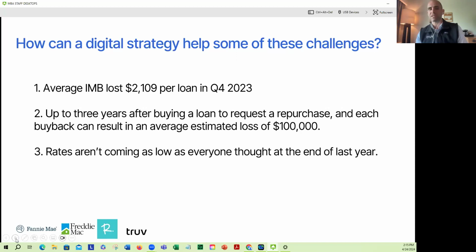So Femi, why don't you take a stab at this? How can a digital strategy help alleviate some of these challenges? I want to focus on number two, but I want to identify how number one is really connected with number two. So when you start saying the average IMB lost 2,100 per origination, what's going on in those numbers is the total cost that it takes to operate the IMB divided by the total number of units that they're closing.